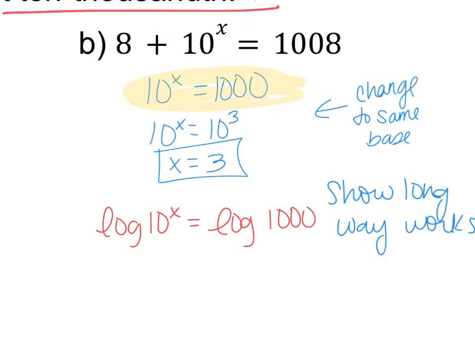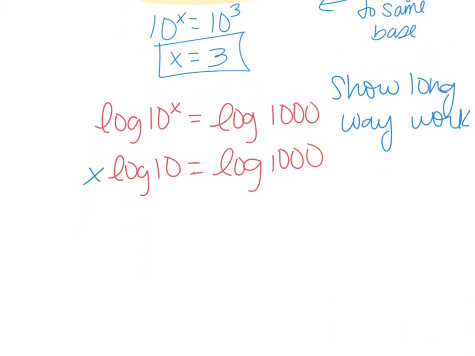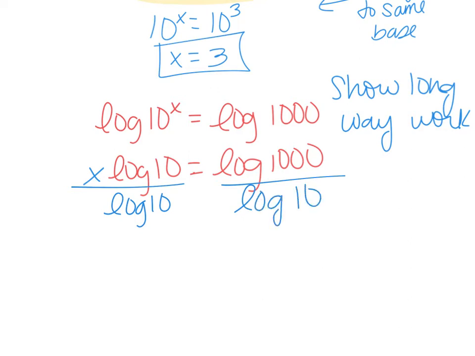Move that x out front just like we did the last one. So I have x times the log of 10 equals the log of 1,000. Divide both sides by the log of 10. Stick it in your calculator, log of 1,000 divided by the log of 10, and x equals 3. Kind of cool, right? That it works both ways.